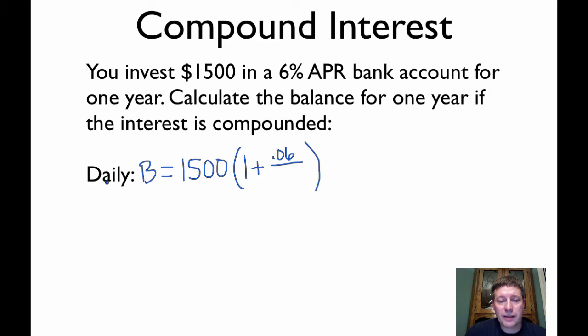Well, for compounding it daily, that would be 365 different compoundings. So we've got to take 1/365th of 6%. That's going to be the amount of interest that we earn just in that one day. And of course, we're going to compound it every single day through the year. So we're going to be taking that to the 365th power.